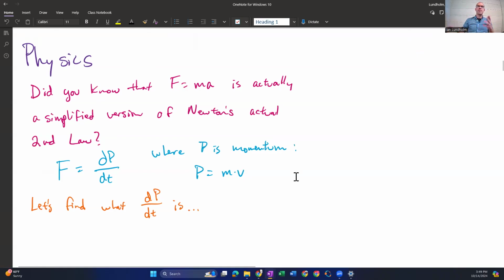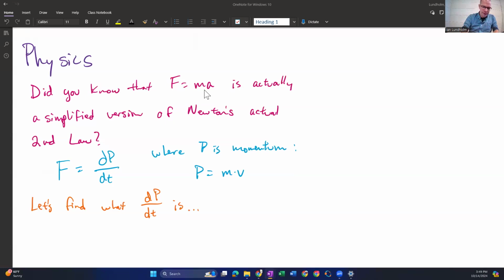And a lot of times it works out to just be mass times acceleration because the mass isn't changing at all. But it's worth looking at actually taking this derivative because we can solve a whole new class of problems when the mass is changing, if we consider this rate of change of momentum formulation.